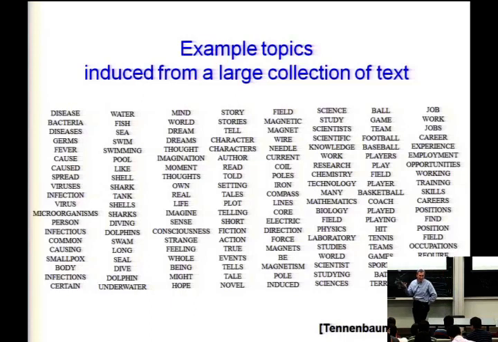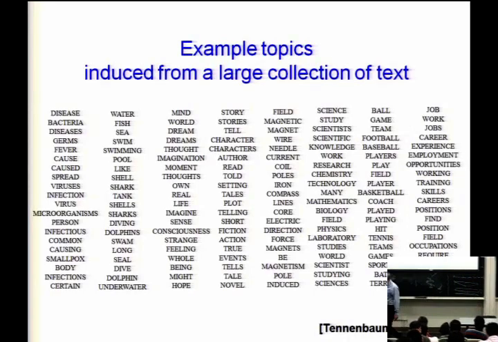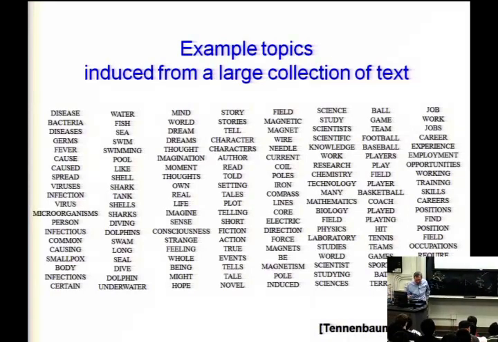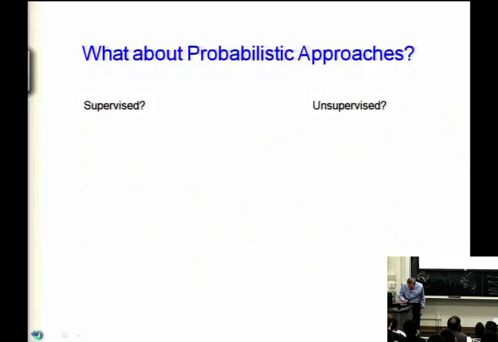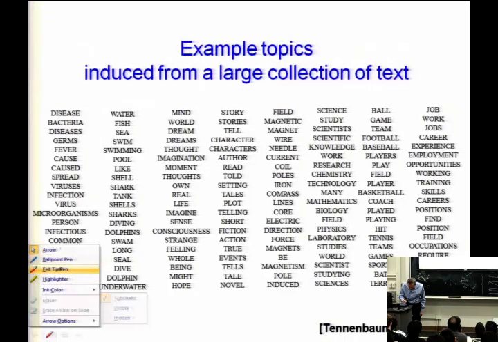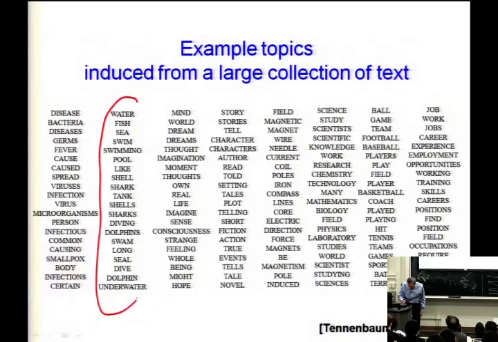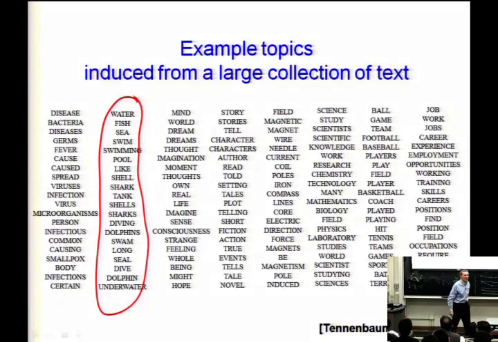And so what this slide is showing is a collection of such topics that were learned from a large collection of texts. This is from some work by Josh Tenenbaum. Given a very large collection of text, each of these columns represents the words generated by one of the topics.